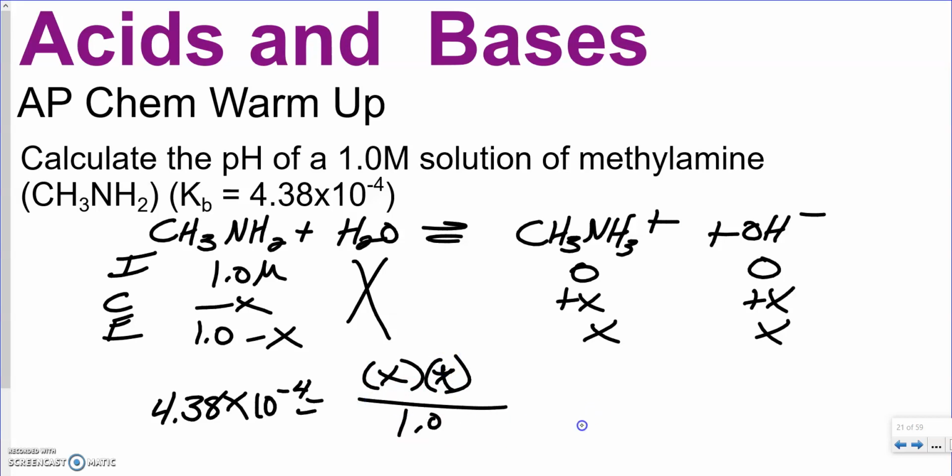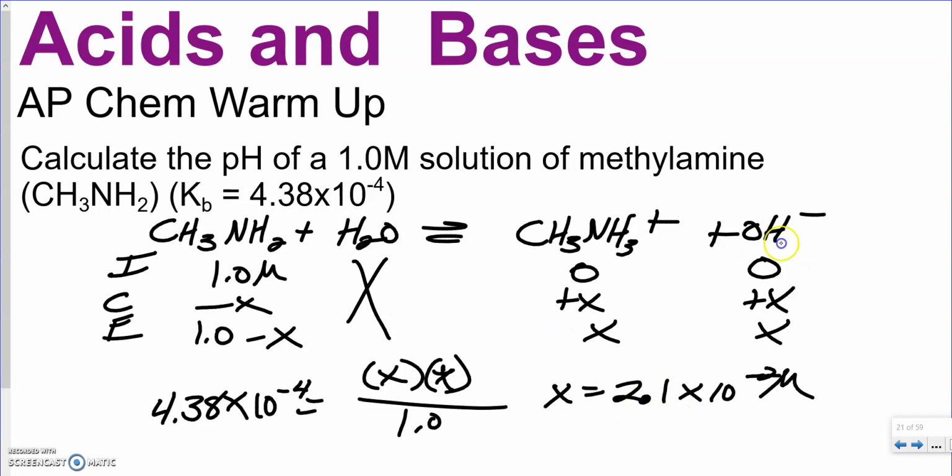So what we end up with is the square root of 4.38, and I am getting my x value to be 2.1, because again our concentration is only 2 sig figs, so we'll do 2.1 times 10 to the negative 2nd molar.